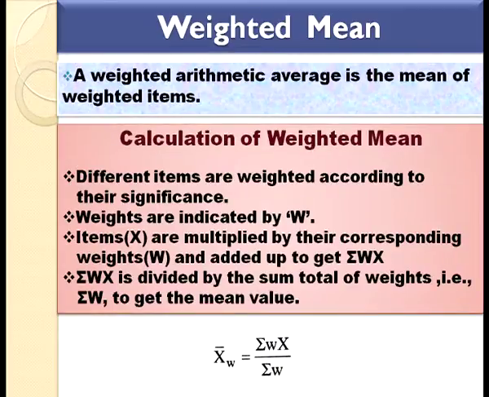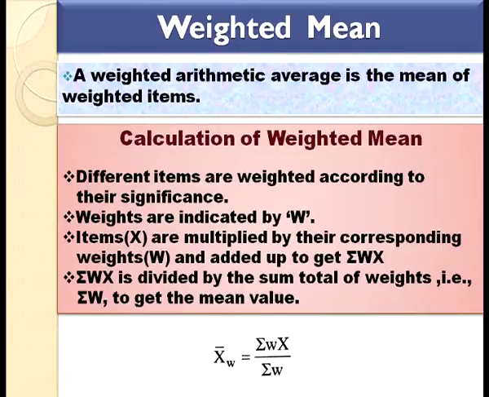Now, when are we going to compute weighted mean? We compute weighted mean when importance or significance is to be given to some of the items. Weighted mean average is the mean of weighted items. Let's see the steps by which we can calculate weighted mean.